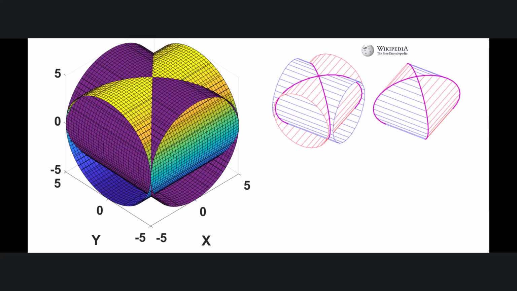I brought these two pictures from Wikipedia, which is much better than mine for explanation purposes. So you're going to take this part out. This is the intersection part, and you can see the sections that are parallel to the XY plane.